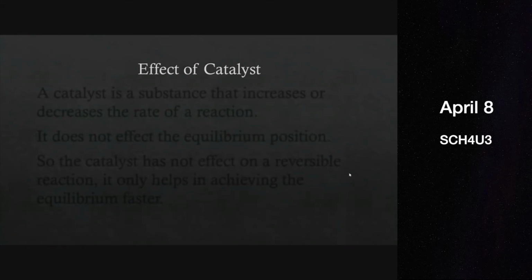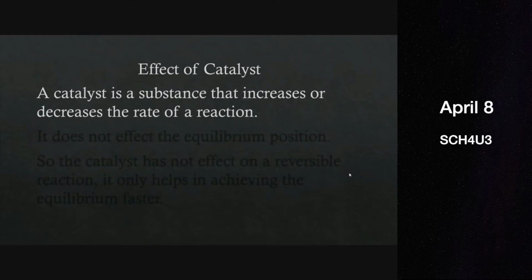We have already learned that what a catalyst does is lower the energy of activation. Therefore, the amount of energy required for the reactants to change into products is decreased. So all it does is make the reaction take place easily or faster by consuming less energy, but it does not affect the equilibrium position.